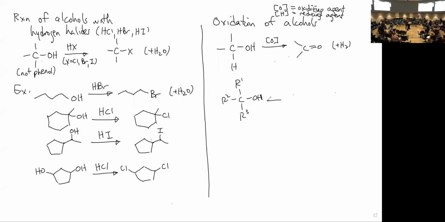Tertiary alcohols are compounds of this type. You can treat them with any oxidizing agent you want. Make it as strong as you like. It doesn't matter, no reaction. So tertiary alcohols cannot be oxidized. And that's really all I wanted to mention today. We'll get into secondary and primary alcohols on Monday.